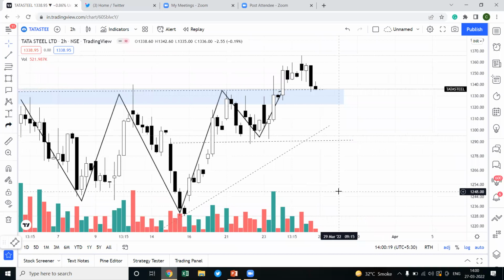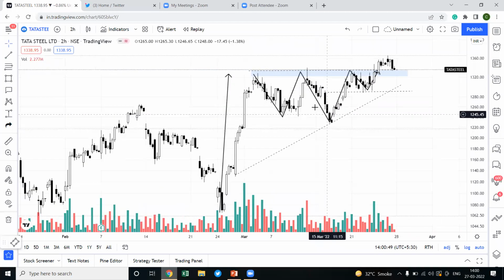There would be some whipsaws, because as we are trading on a 2 hourly chart, there would be times where the stock might come down just to trigger your stop loss and then move up again, because usually people buy near the support level and keep a stop loss 5 or 10 points below. But if you are looking at a swing trade opportunity for 7 to 8 days, you have to give some room to the stock.